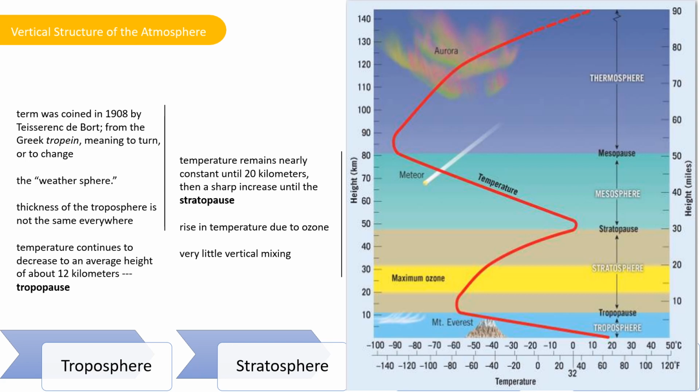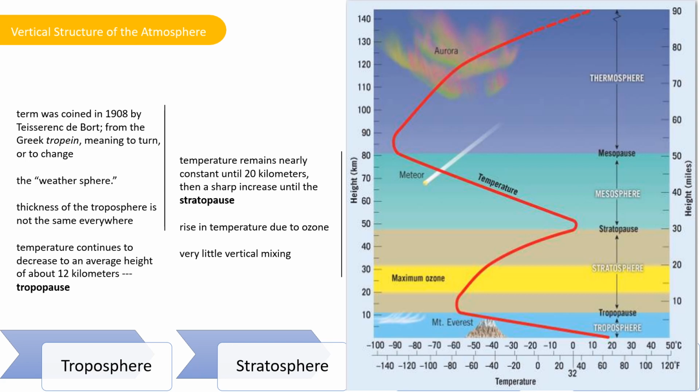And there is very little vertical mixing, because unlike the troposphere, where there is literally vertical mixing, a change, just like its name suggests, the stratosphere is the opposite. There is very little vertical mixing.